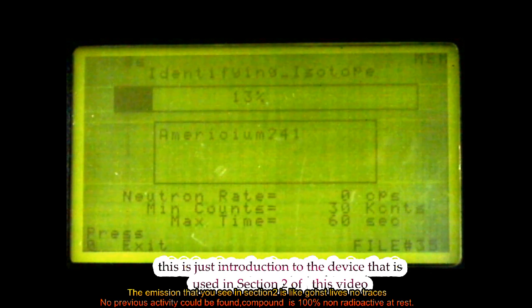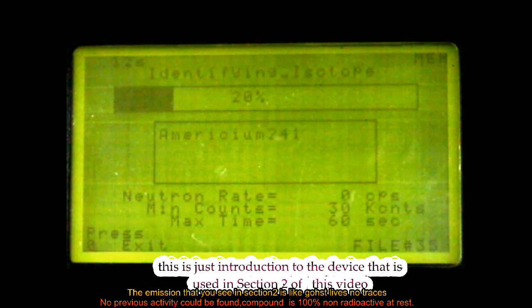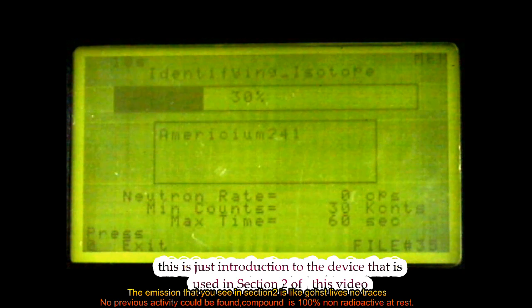That's it. That's how much time it took to identify the sample from the smoke detector used commercially in our houses. Advanced.